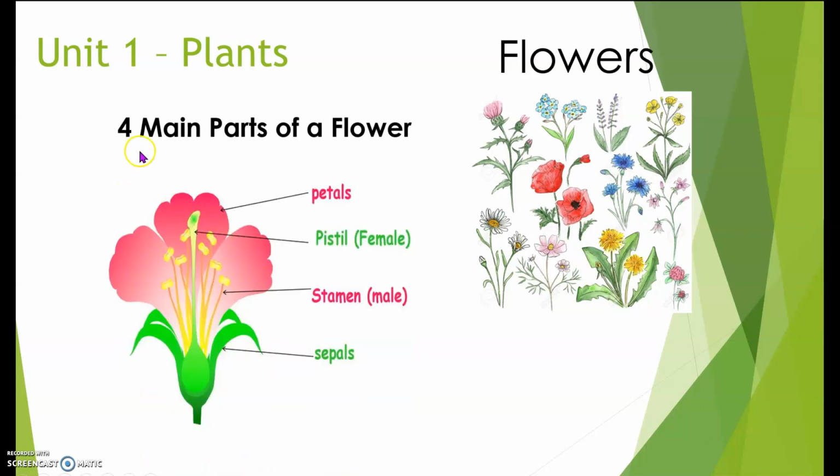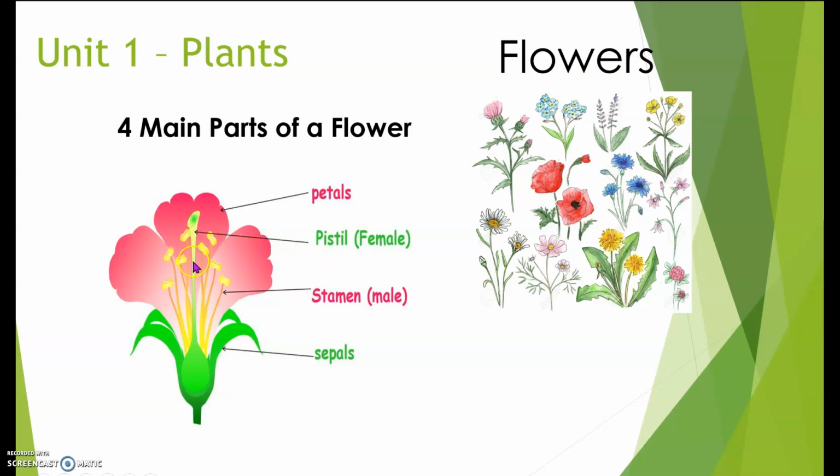Okay, so here are the four main parts of a flower. Repeat after me. Petals. Very good. So these are the petals of the flowers. Next, everybody, pistil. Very good.